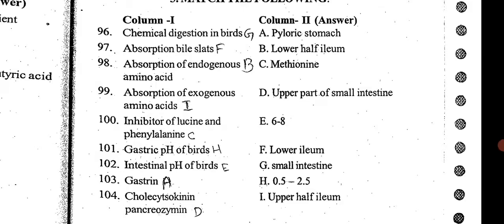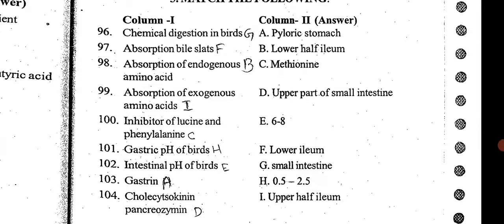The bird's true stomach is the proventriculus, and the muscular, grinding stomach is the gizzard. The glandular stomach that secretes HCl is the proventriculus, and its pH is 0.5 to 2.5.